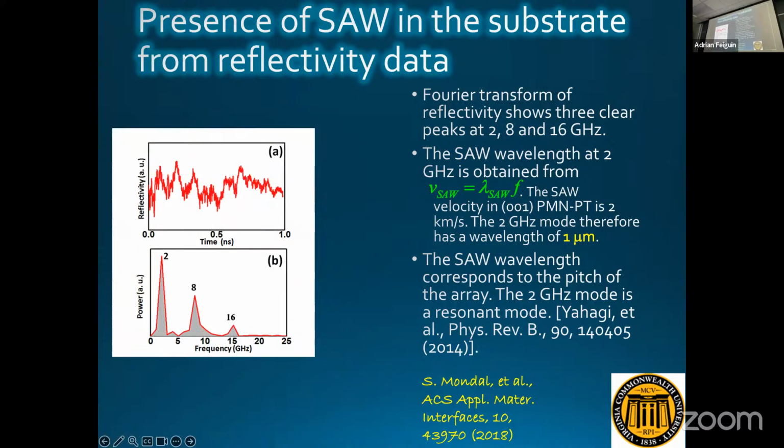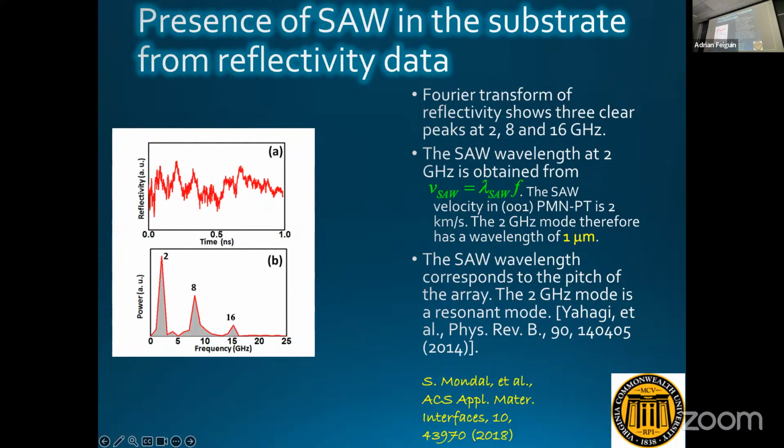I just want some details about the experiment. What was the wavelength? The pump beam and the probe beam wavelength is 800 nanometers. The repetition rate, I don't remember that, but the delay between the pump and the probe beam is varied, and this time axis is actually the delay between the pump and the probe.